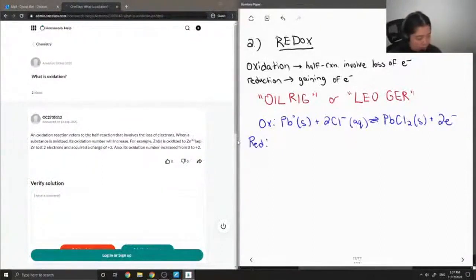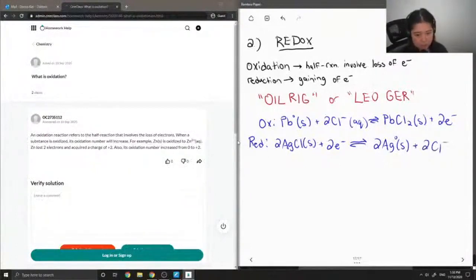For a reduction reaction, in the case of silver chloride, if the silver gained 2 electrons, it becomes silver solid plus just the 2 ions of chlorine.